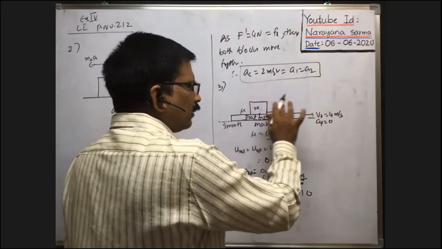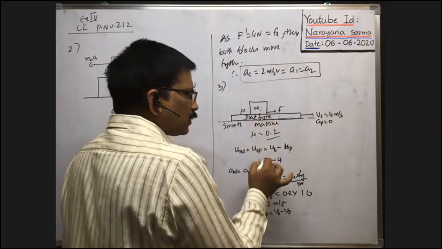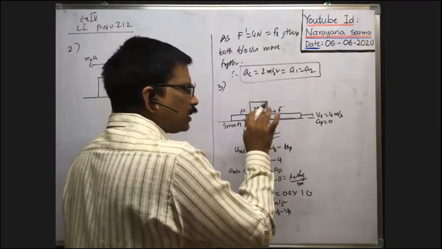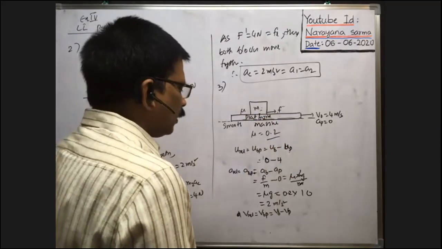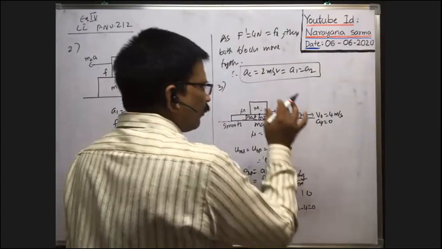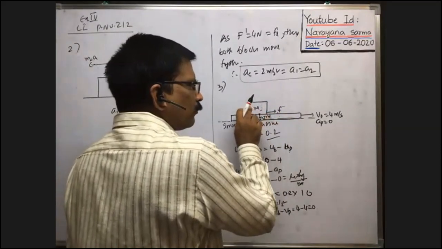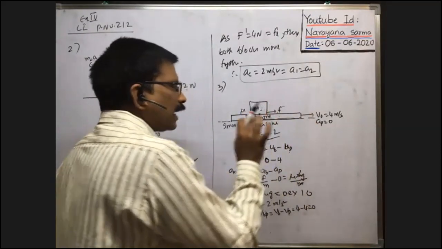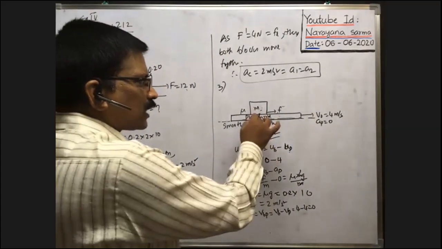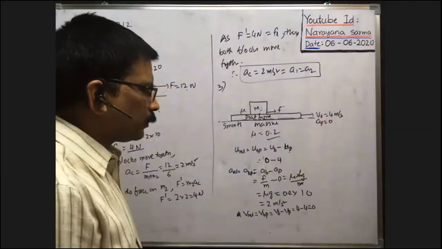Whenever this velocity becomes equal to the velocity of the platform, 4, the relative velocity between these two becomes 0. Whenever the final relative velocity is 0, both block and platform travel with the same velocity. In such a case, there is no friction force between these two. Then the upper block travels with the constant velocity 4 meter per second.